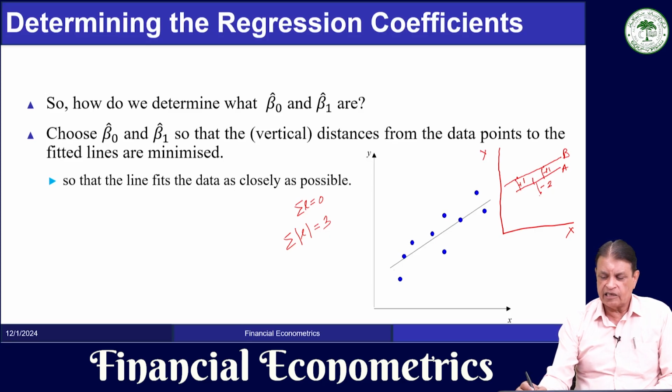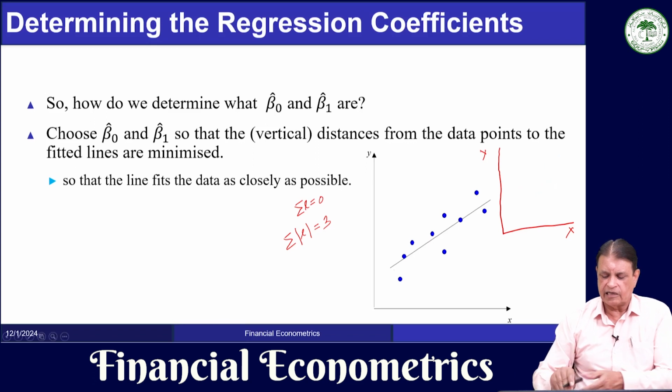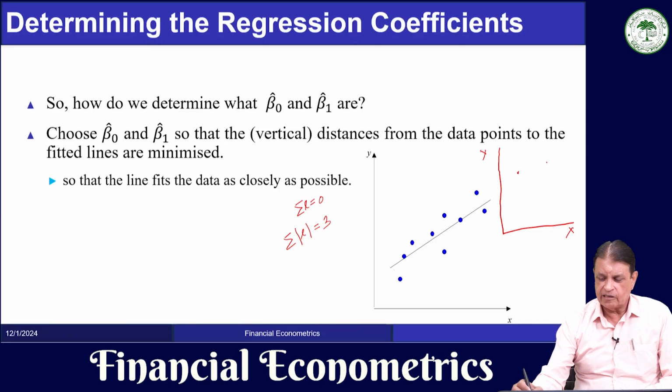So the distance from here to here will be now 3. Let me remove this and give you another diagram. We have 1 point, this is another, this is another.